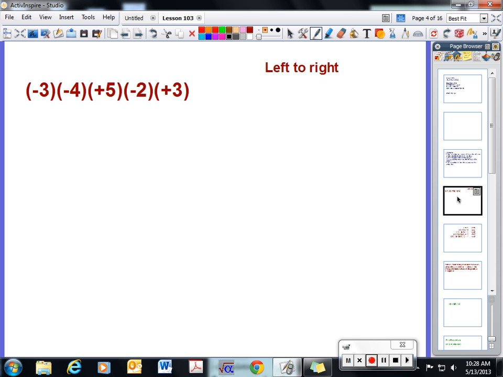So negative 3 times negative 4 is positive 12. Positive 12 times positive 5 would be positive 60. 60 times negative 2 would be negative 120. And negative 120 times 3 would be negative 360.